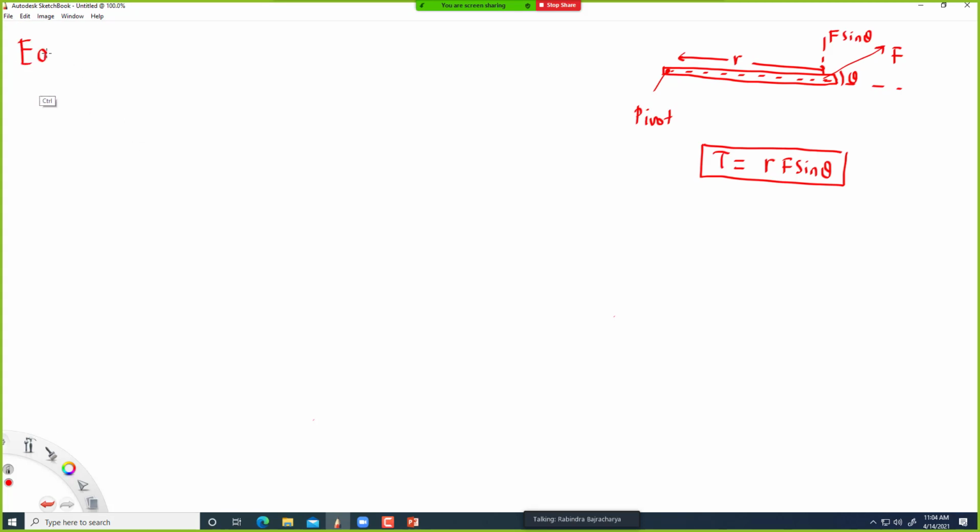Literally, the meaning of equilibrium is balance. But how do you use physics to define equilibrium? We already talked about this in previous chapters. So what is equilibrium?